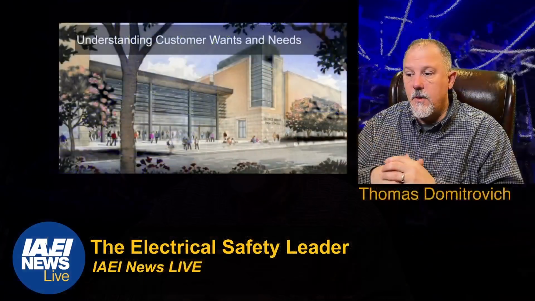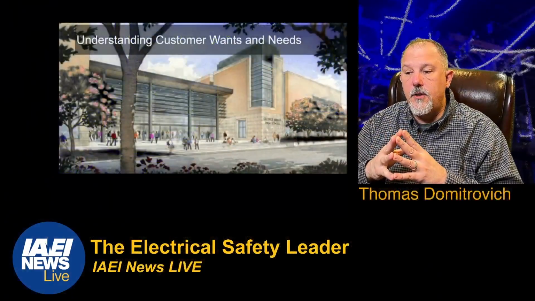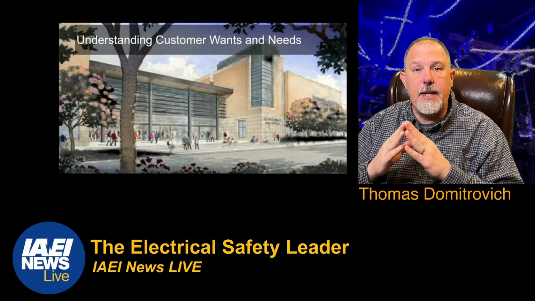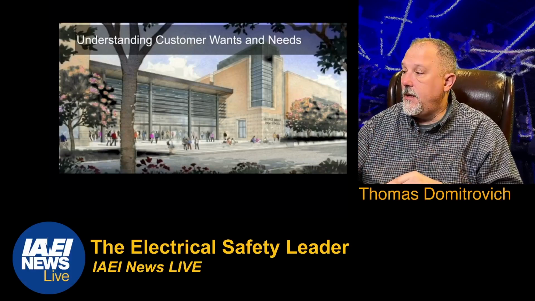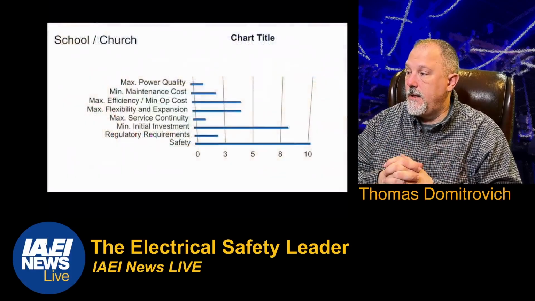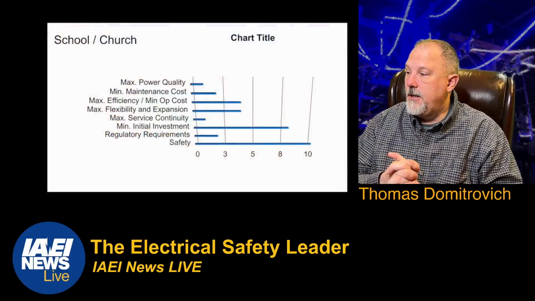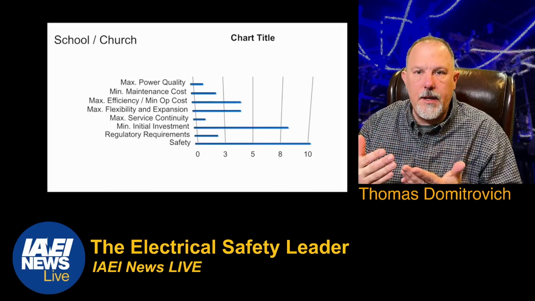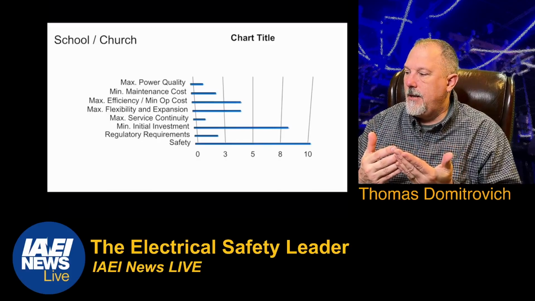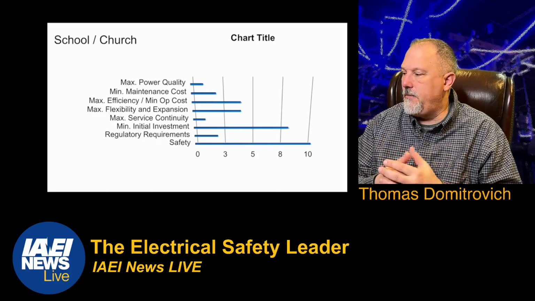So when you think about what your customers' wants and needs may be, say from a school perspective or a church, maximum power quality is not as important. Maintenance costs are not as important.